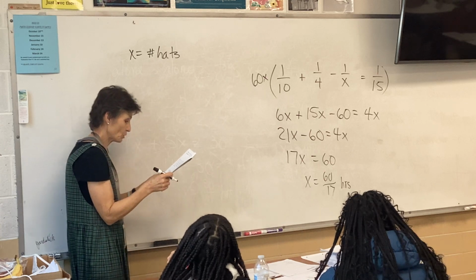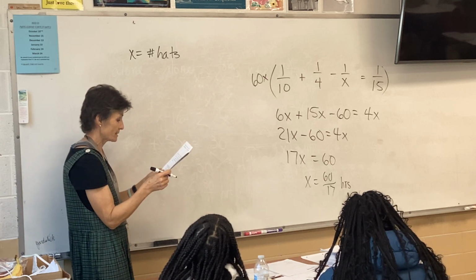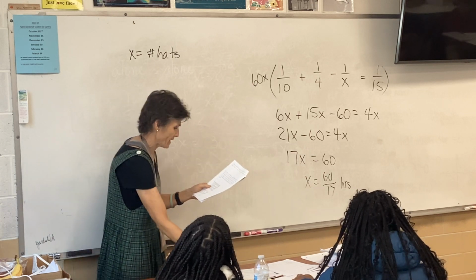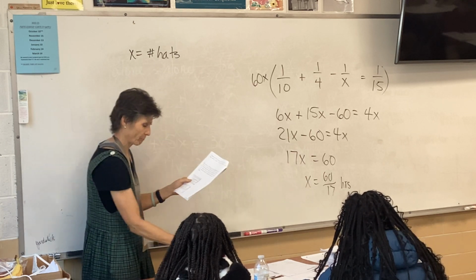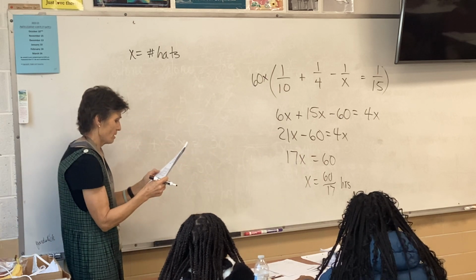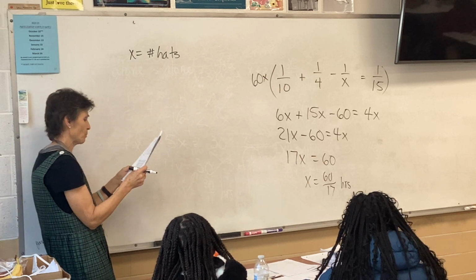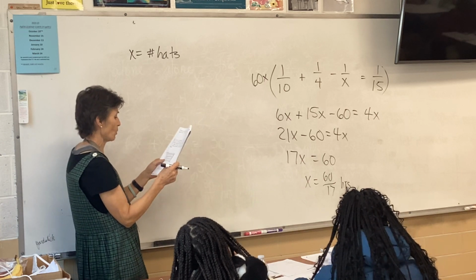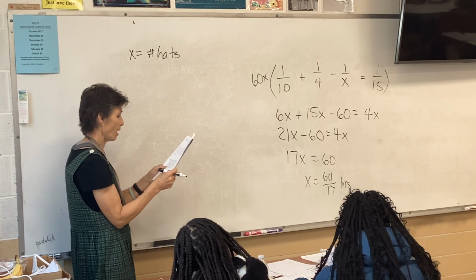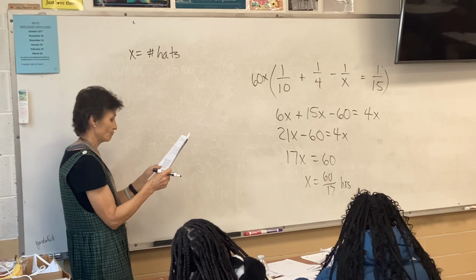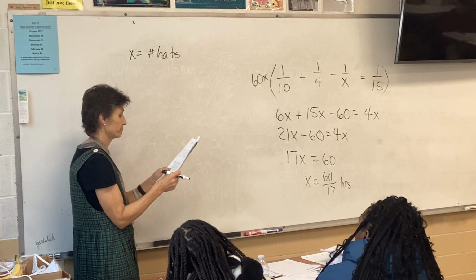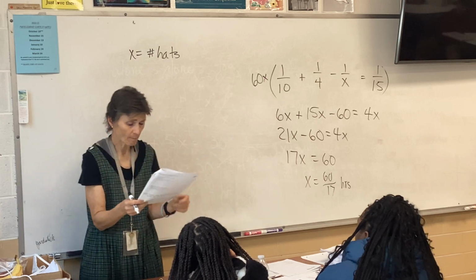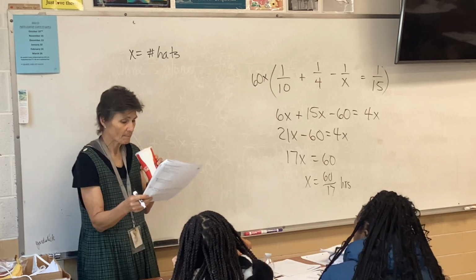The first part asks for the average cost of producing one hat as a function of X. Let's cross off A, we don't need to do A. We want to solve algebraically to find the number of golf hats that must be sold each week to make a profit. So we're doing B.